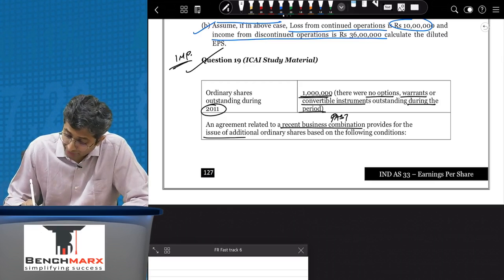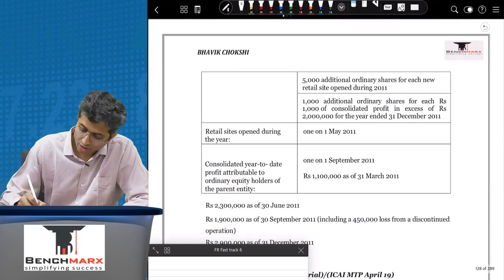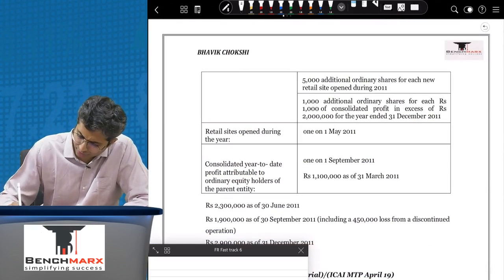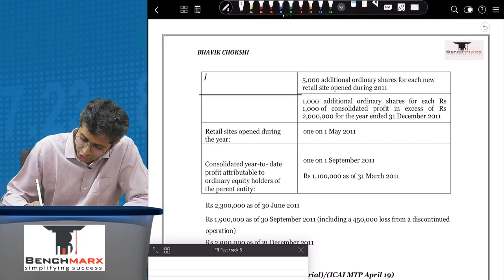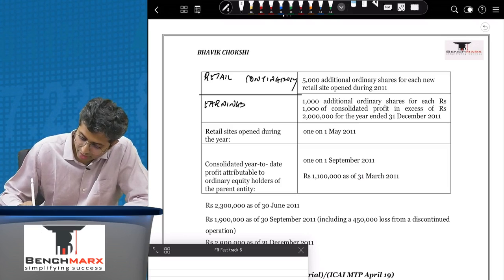Provides for the issue of additional ordinary shares based on the following conditions. Okay. First, we'll just give headings for these so that it is easier for us to address. So there is something called retail contingency, and then there is something called earnings contingency.